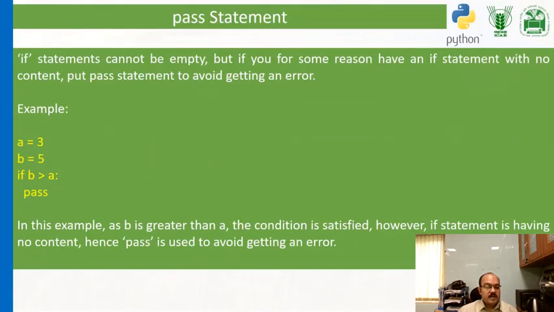Then the pass statement, it is used when there is no content. Means after a condition, if no content is mentioned, then this pass statement is used to avoid getting an error.